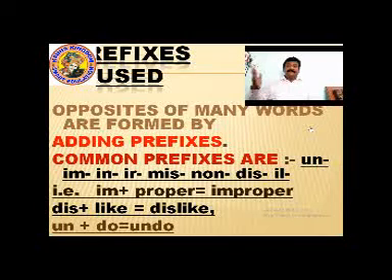DIS plus like becomes dislike. The group of letters used prior to like is DIS. With using this DIS, it became dislike. D-I-S-L-I-K-E. Now, going to one more set of examples.